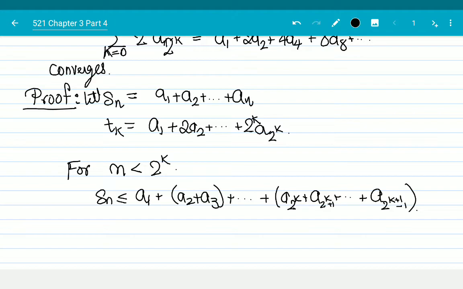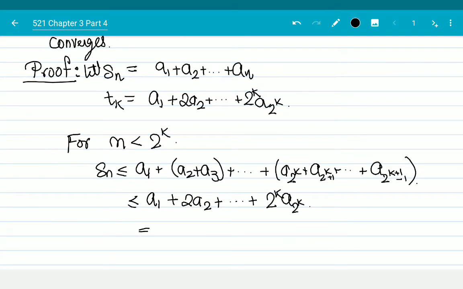I am adding extra terms, from a2 to the k to a2 to the k plus 1 minus 1, right? And because of the decreasing property of my sequence, all of these are smaller than a1 plus, well, the first sum is smaller than 2 times a2. The next one is going to be smaller than 4 times a4, and so on, dot dot dot, plus 2 to the k a2 to the k, which is exactly equal to tk. Okay?